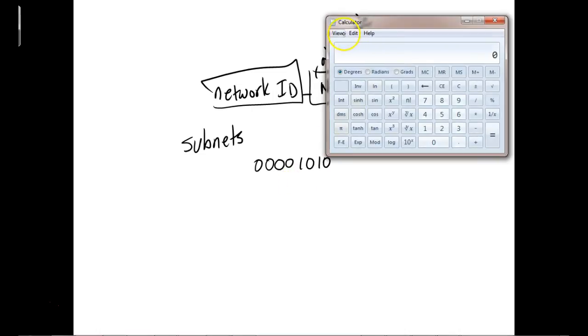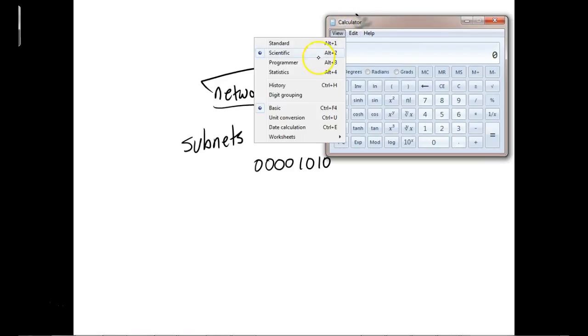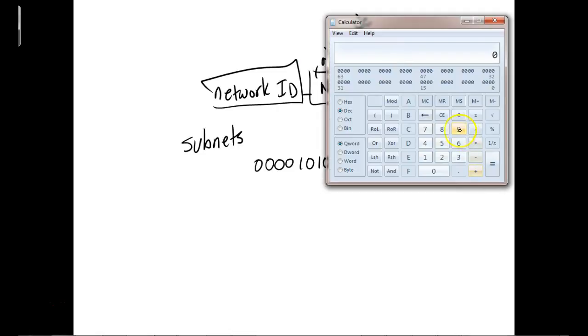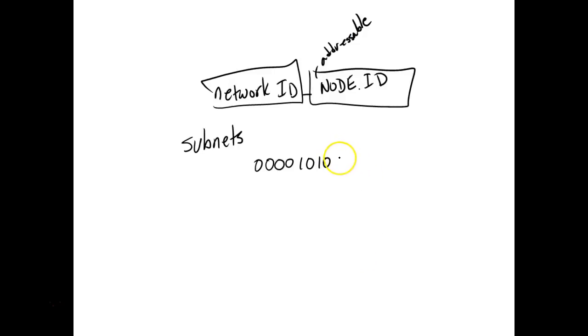So what I'm going to do is put my calculator into programmer mode, and I'm going to enter 99 in decimal and convert that to binary. So it's 63. What was the other one? 11?